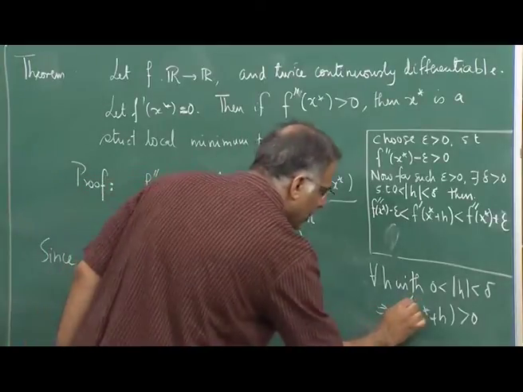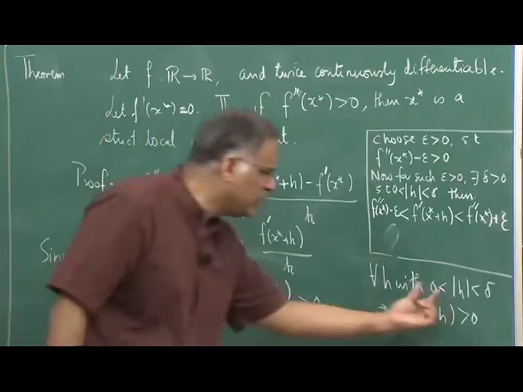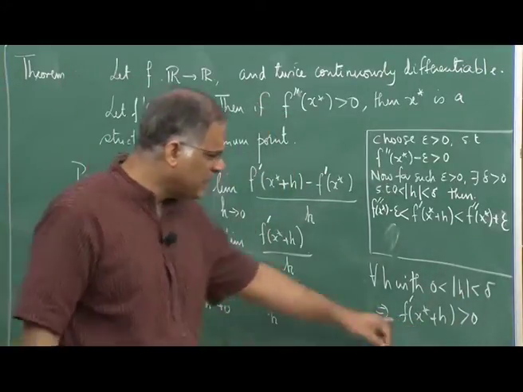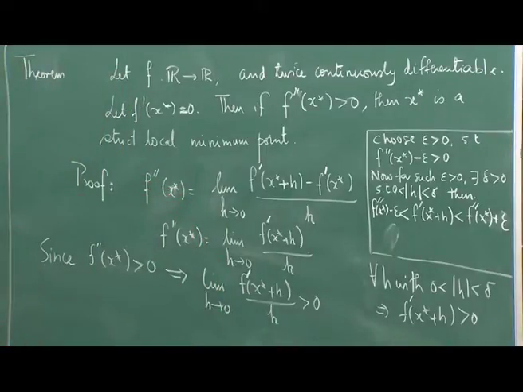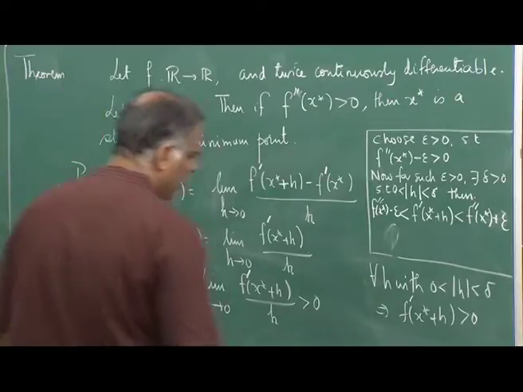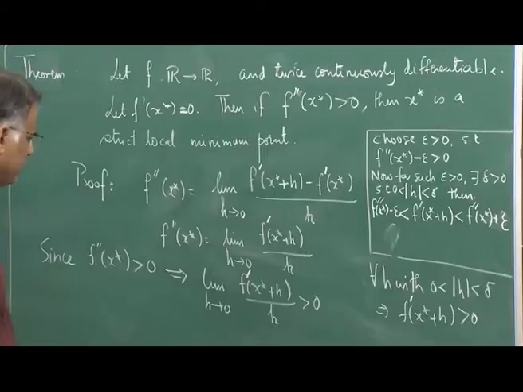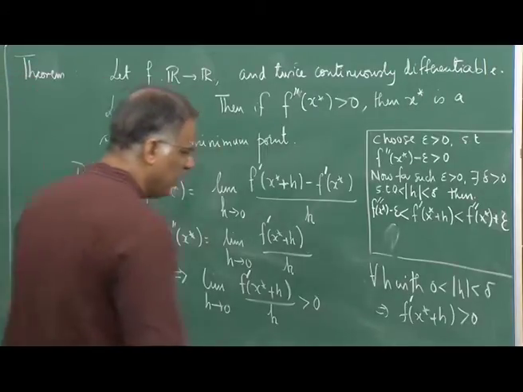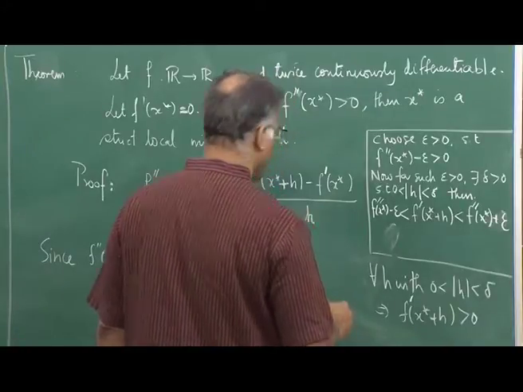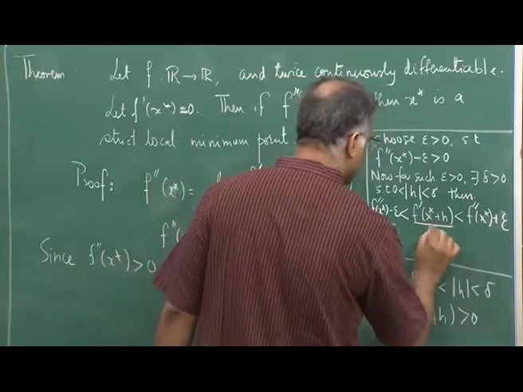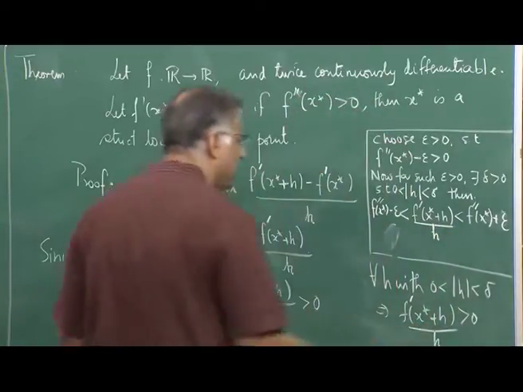What does it show? That in this small interval, f dash of x star plus h by h is strictly bigger than 0.